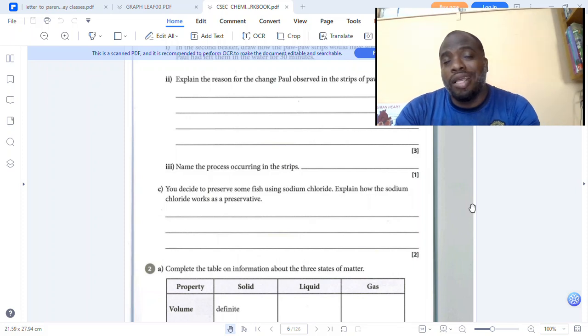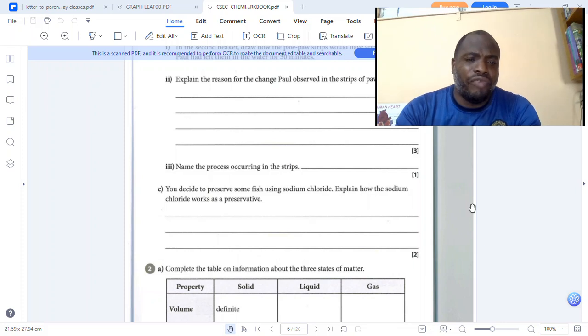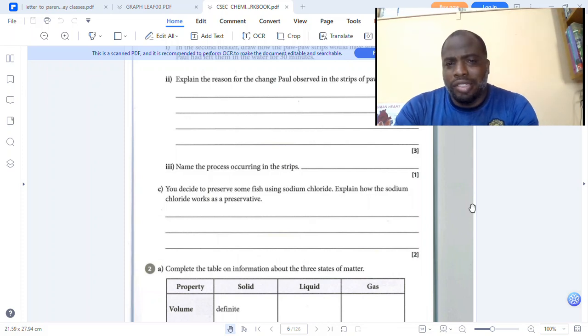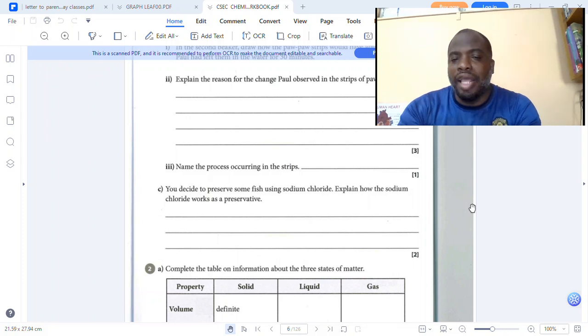But when you place that salt outside of this fish, the cells, you're going to have a concentration gradient being created because you now have less water on the outside than on the inside. So now you have the cytoplasm having more water.